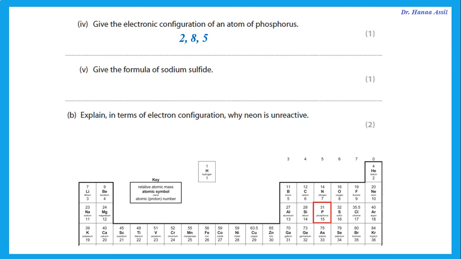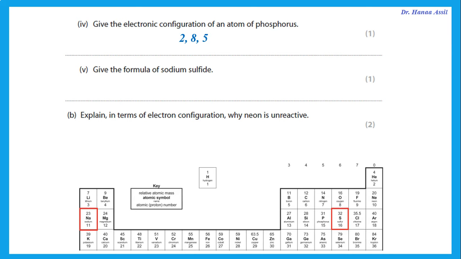Give the formula of sodium sulfide. How do I write the formula of sodium sulfide? Well, I need the symbols first. So the symbol of sodium, Na, sulfide is sulfur. We said anything with an ide is the element in the periodic table. So sulfide is S, and then we need to put the valency of one under the other.